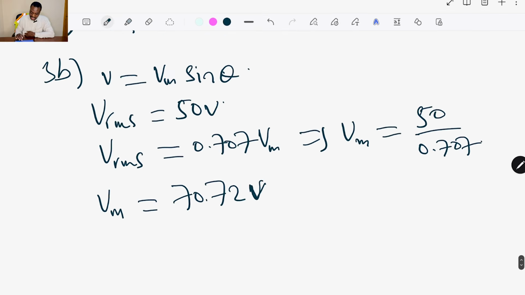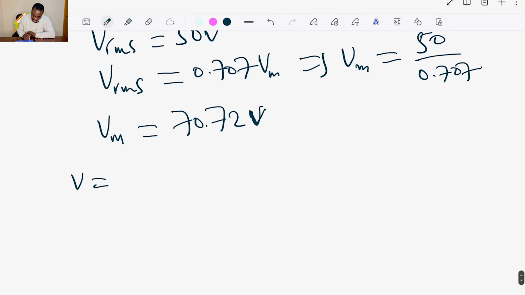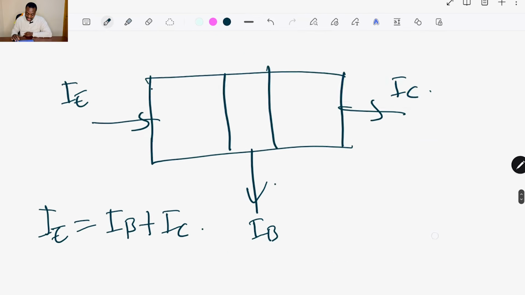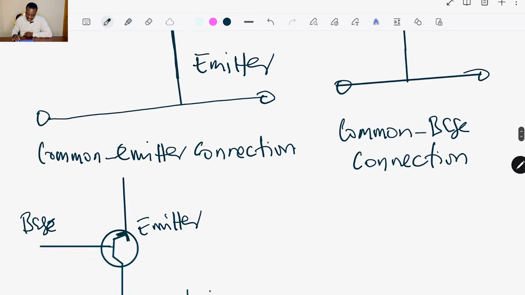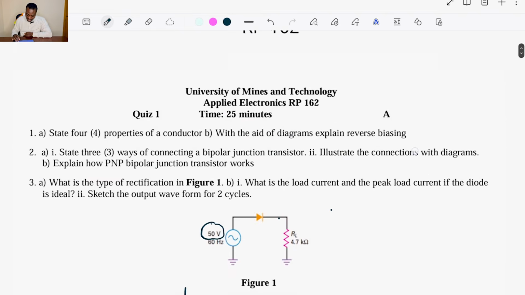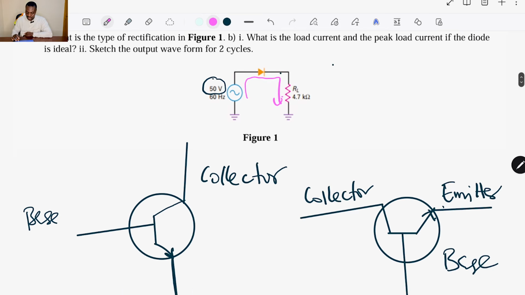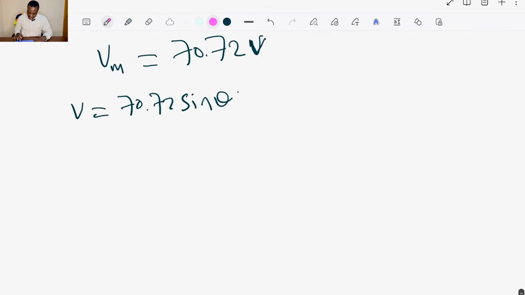This means that our instantaneous voltage is 70.72 sine theta. That's our alternating voltage. This voltage is going to go through the diode, and from there it passes through the load resistor.